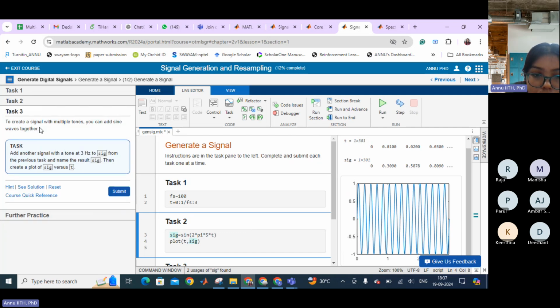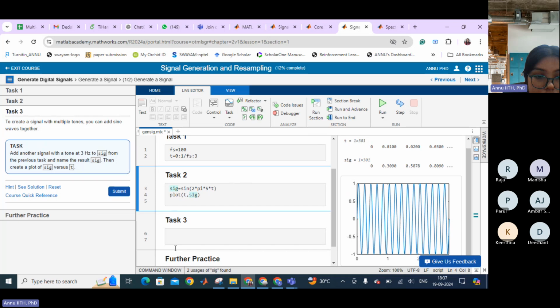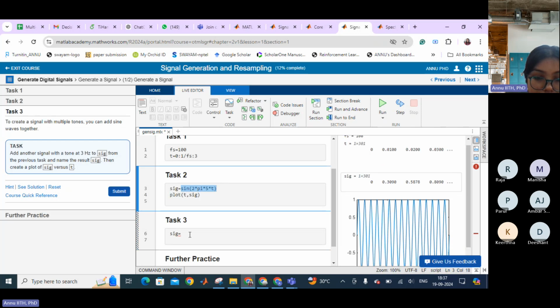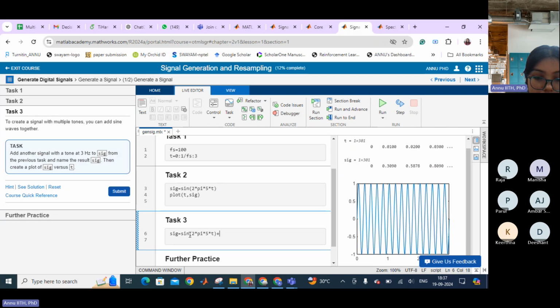To create a signal with multiple tones, you can add sine waves together. So we can add another signal with a tone at 3 hertz to the signal from the previous task and name the result sig. So sig is equal to, 3 hertz, okay?